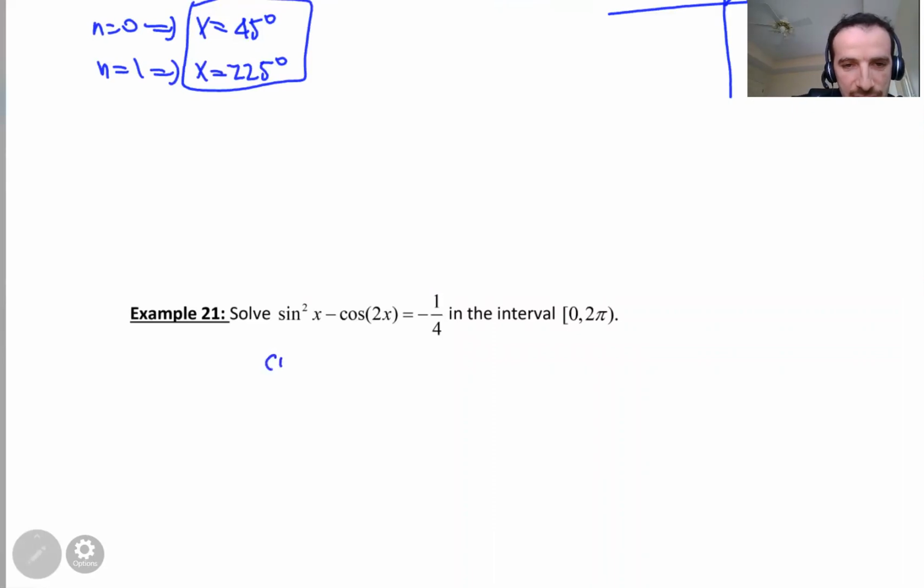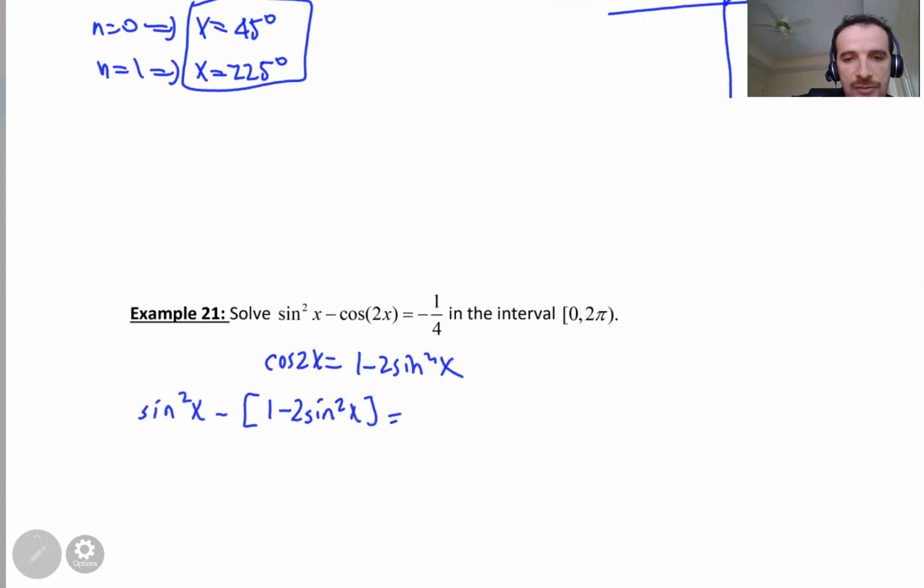Okay, so cosine 2x equals 1 minus 2 sine squared x. You remember that? Yes. Let's use this one. Sine squared x minus (1 minus 2 sine squared x) equals negative 1 over 4. Let me distribute this minus inside the parentheses. Sine squared x minus 1 plus 2 sine squared x is equal to negative 1 over 4.